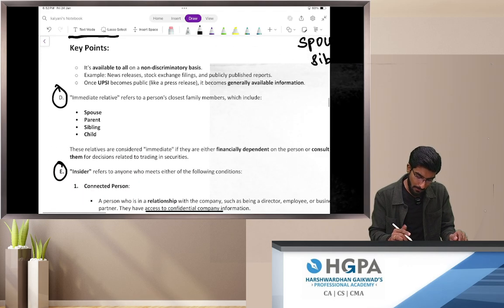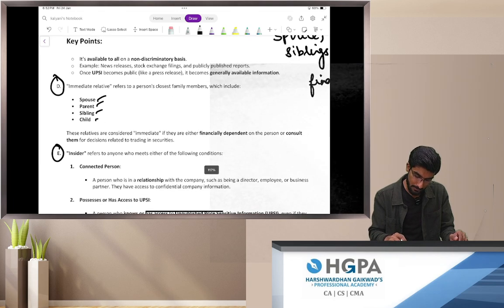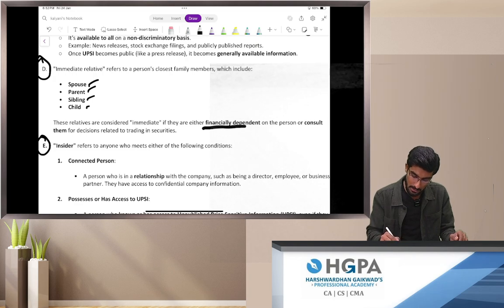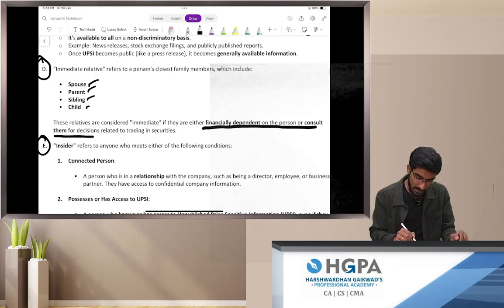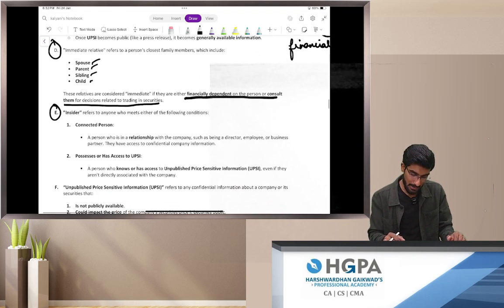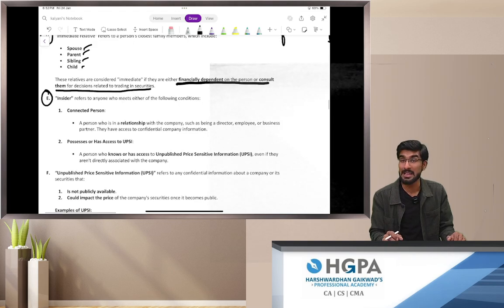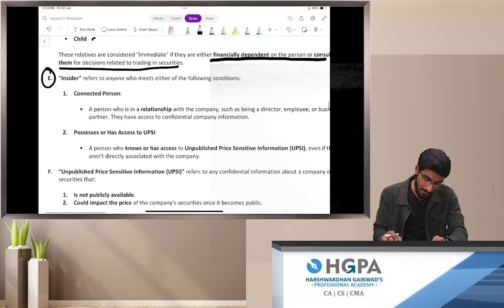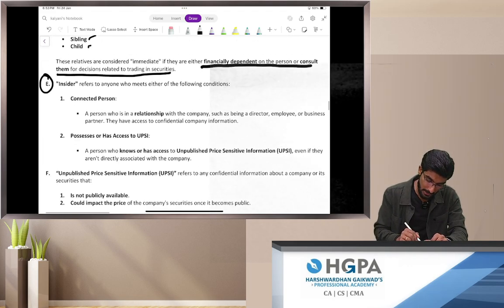Immediate relative, people, we have learned it includes spouse, parent, sibling, child. These relatives are considered immediate if they are financially dependent on the person or consult them for decisions related to trading in securities. Next, we are going to learn as people insider. We have learned that already, but again we'll see what is the meaning of insider. Insider means a connected person.